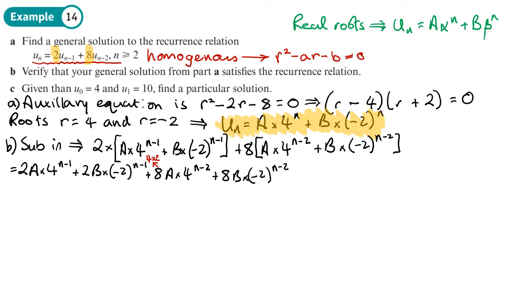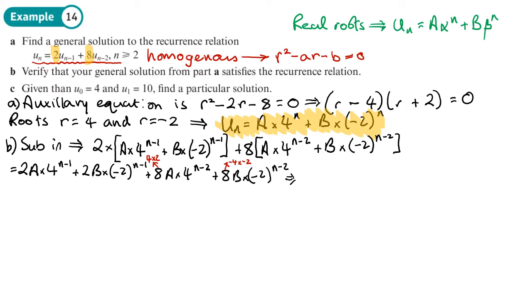So then I could rewrite this expression as 2 times a times 4 to the power n minus 1. So I've taken 4 out as a factor, multiplied this by 4, and it will increase the power by 1. And here 8 is the same as negative 4 times negative 2. So I take negative 2 out as a factor, I multiply it by this, and that will increase the power by 1.